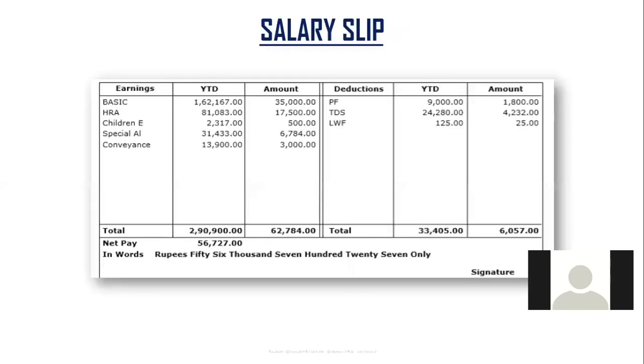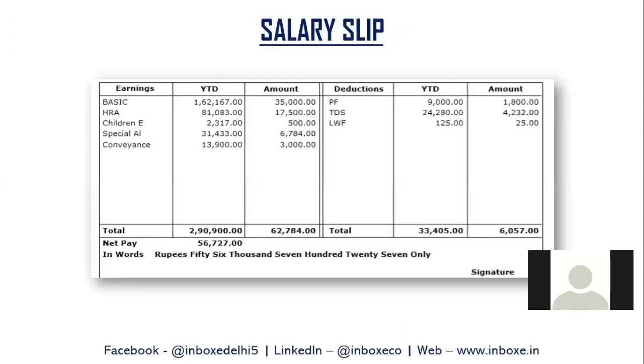Then we'll move on to the salary slip. I've just randomly got one salary slip. Let's study this salary slip. Here you can see the earnings. Under earnings are mentioned basic, HRA, children education, special allowance, and conveyance.